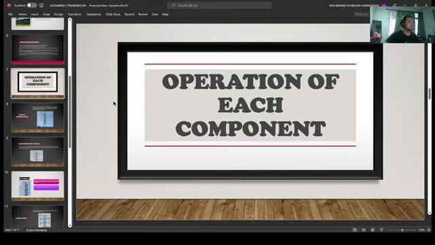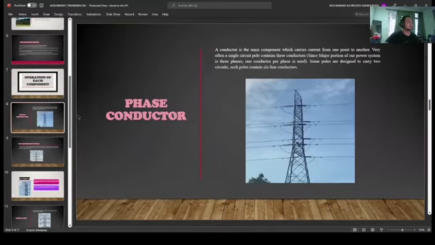Next, I'm going to talk about the operation of each component, such as phase conductor, transmission poles, and suspension insulator. So firstly, we have phase conductor. A conductor is the main component which carries current from one point to another.